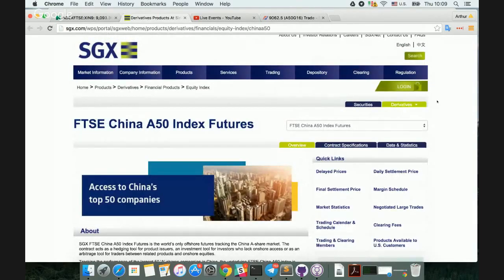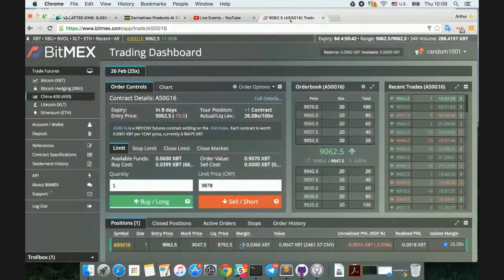This is more useful for those of you who might have a brokerage account that allows you to trade this futures contract, and then you might be able to market make or arbitrage the Bitcoin version of this futures contract versus the US dollar version of this futures contract. And I'll construct another webinar in more detail to go over how you would do those trades.